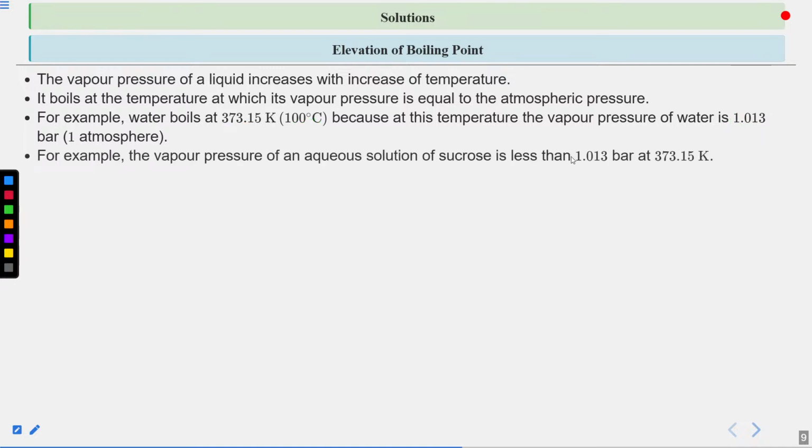Now suppose we add sucrose to your water, then you will see that your vapor pressure has decreased. The vapor pressure of the aqueous solution of sucrose will decrease because sucrose is non-volatile in nature. So this is your lowering in vapor pressure. As a result, you will see that the boiling point has increased. So is my voice clear?